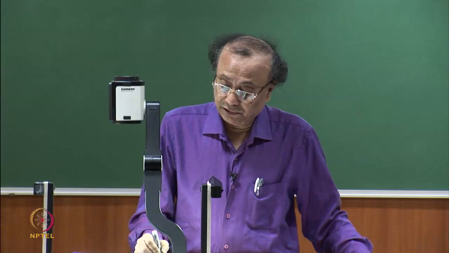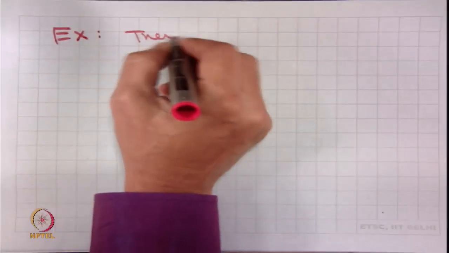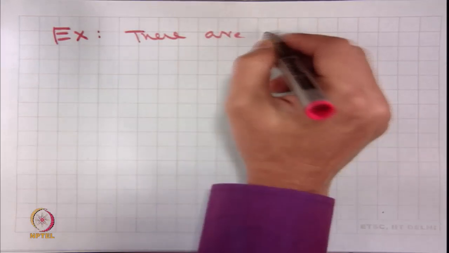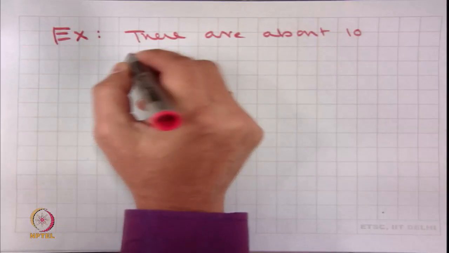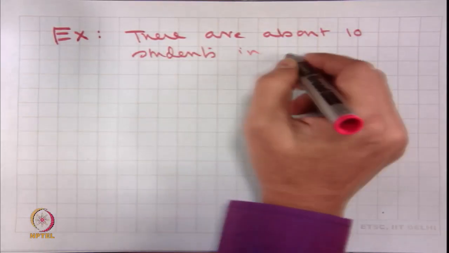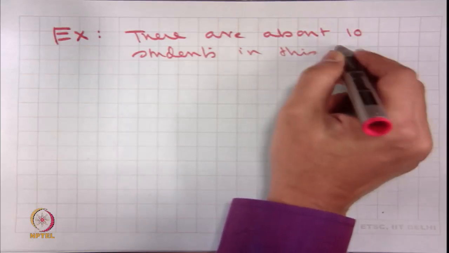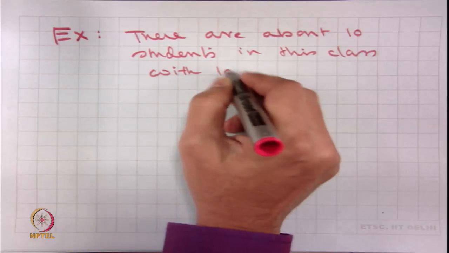And the example that we studied was there are about 10 students in this class with low attendance.